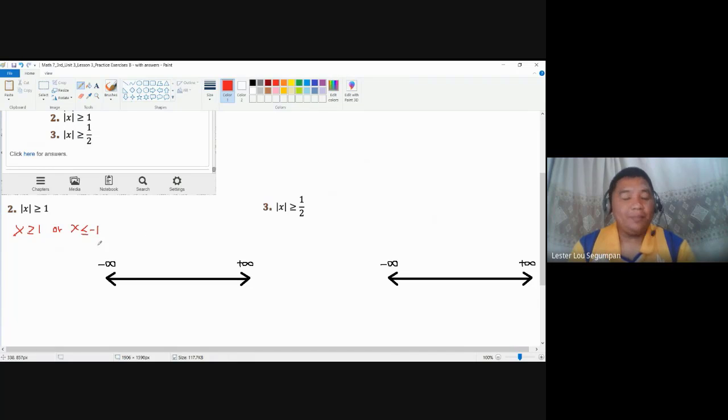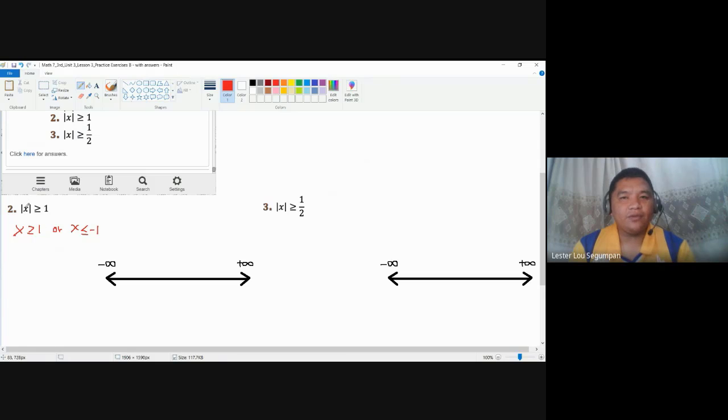Okay? You may pick a number greater than 1, which is 2. Absolute value of 2 is actually 2, which is greater than 1. We could also pick even 1 here because we have the equal notation. So the absolute value of 1 is still 1, and we have the equality to 1. That's acceptable. For values less than negative 1, you could choose negative 2.